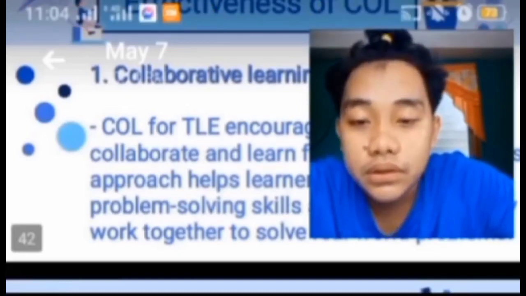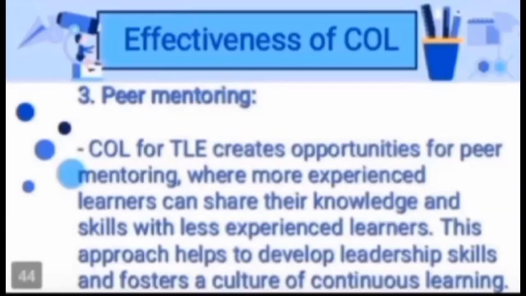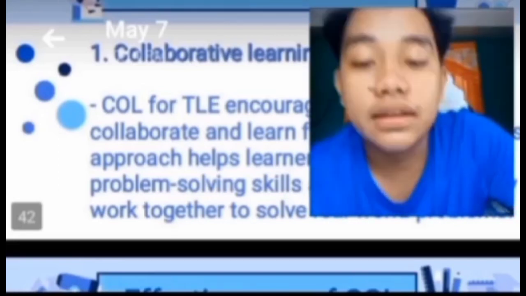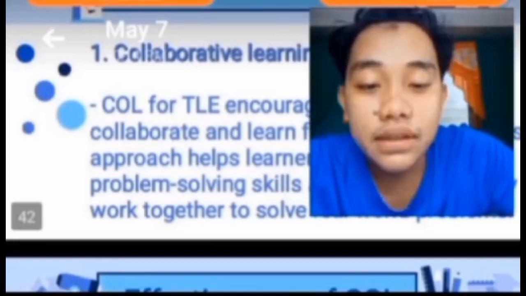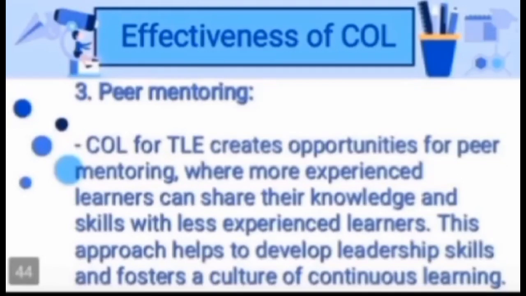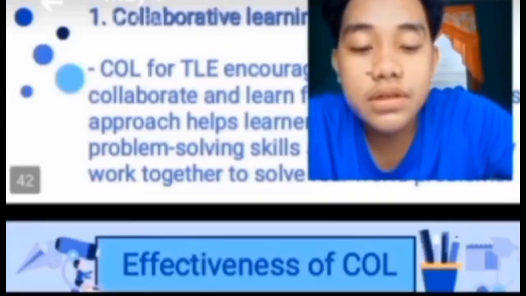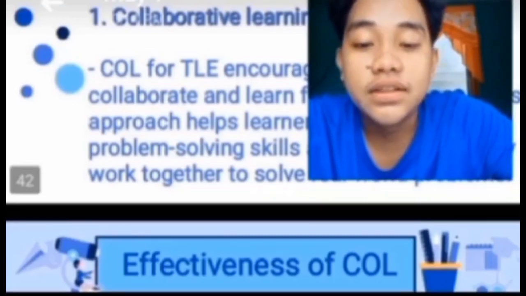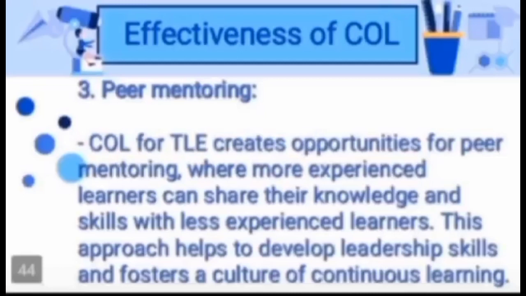So number 3 is peer mentoring. You know peer mentoring, peer to peer. So COL for TLE creates opportunities for peer mentoring, where more experienced learners can share their knowledge and experience. Who has more experience? Teachers, right? More experienced than students, they can share their knowledge and skills with less experienced learners. So we are the less experienced.